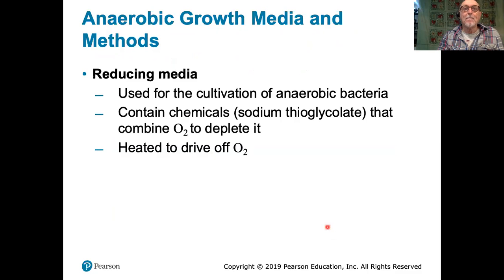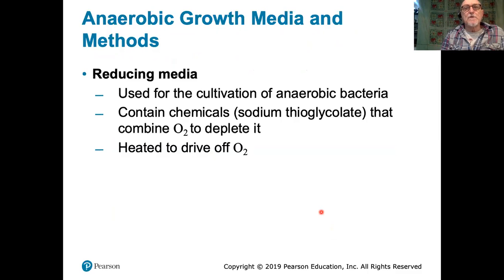There are some other specialized media, though. We encountered one of them already when we looked at the use of oxygen in those tubes. I told you that very often we will do that in a specialized medium where we include something which binds up most of the oxygen in the medium.